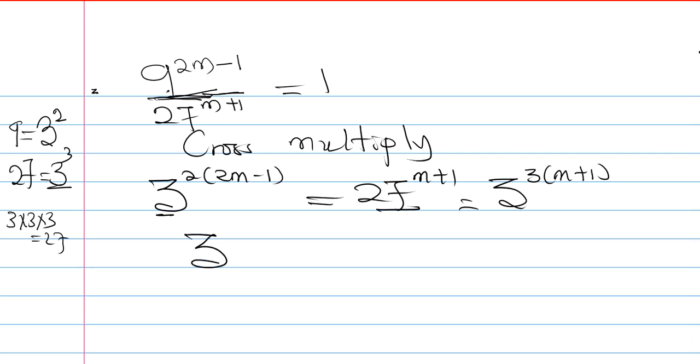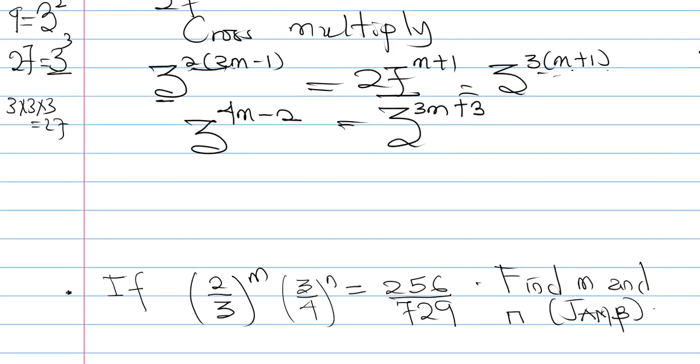Open bracket here: 4m minus 2, 2 times 2 is 4, 2 times minus 1 is minus 2, equal to 3 times m, 3m, 3 times 1, 3. Now since we have the same base here, just cancel it like this.